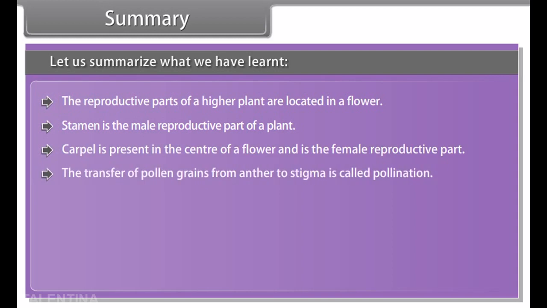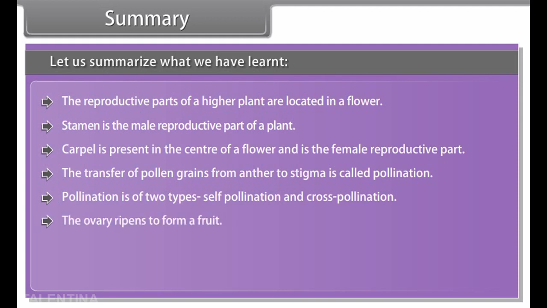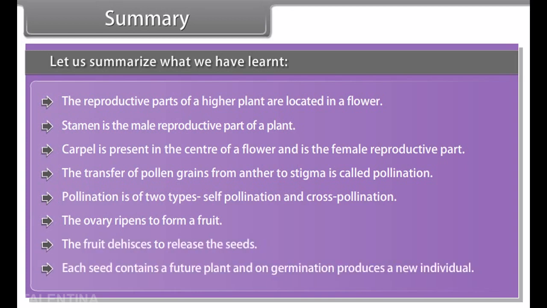The transfer of pollen grains from anther to stigma is called pollination. Pollination is of two types: self-pollination and cross-pollination. The ovary ripens to form a fruit. The fruit dehisces to release the seeds. Each seed contains a future plant and on germination produces a new individual.